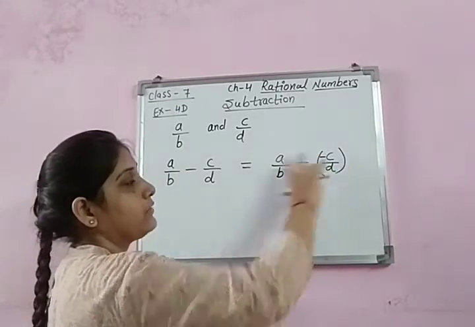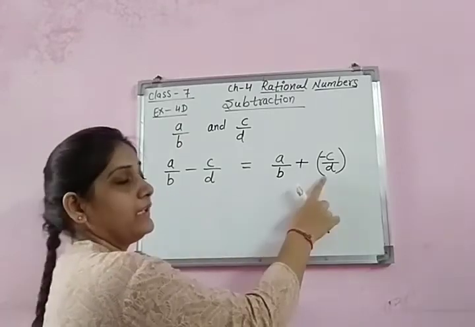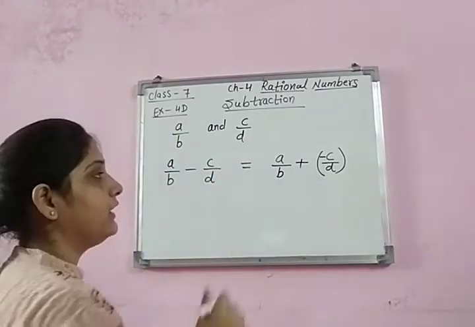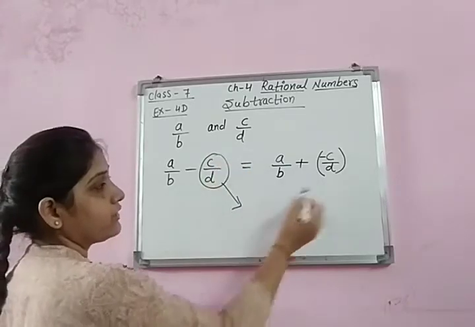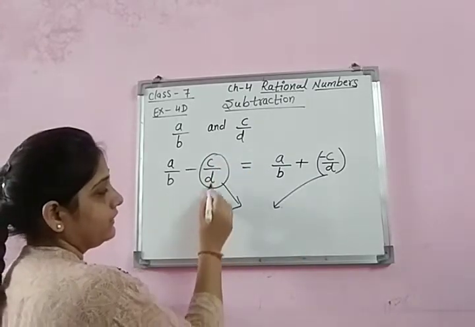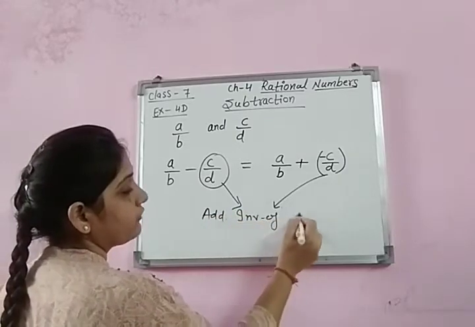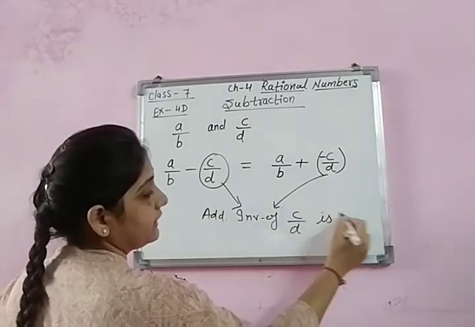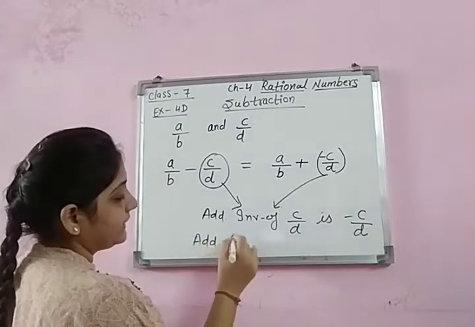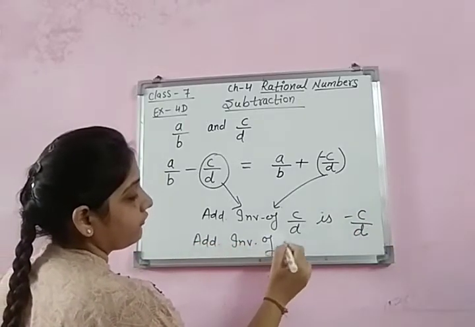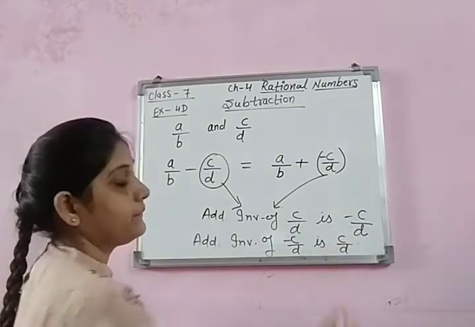These two signs come together and make a single sign, so both are equal. So the additive inverse of c upon d is minus c upon d, or we can say the additive inverse of negative c by d is positive c by d.